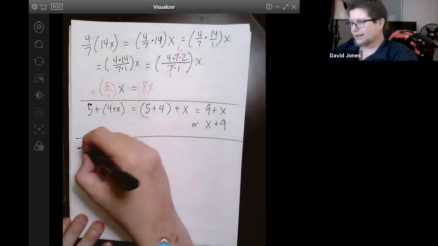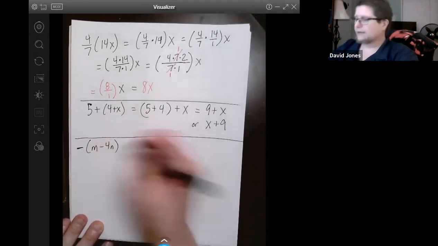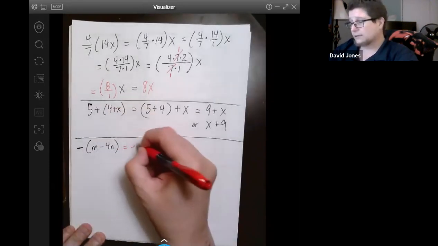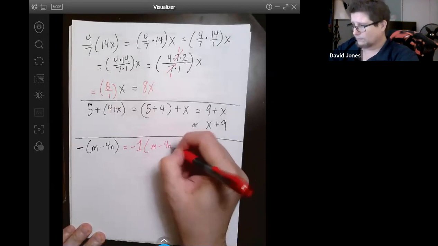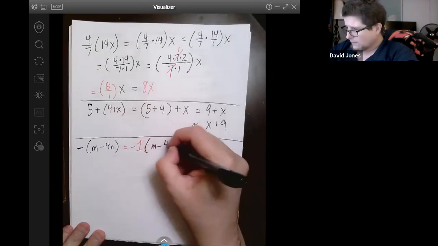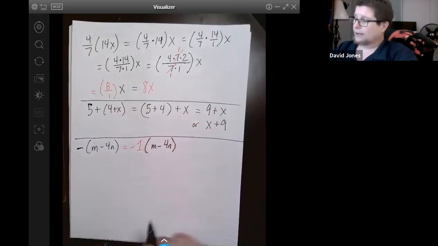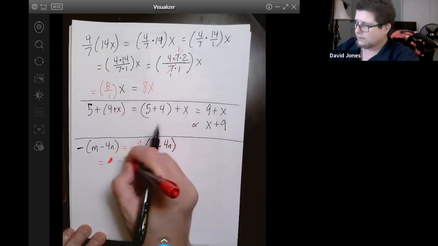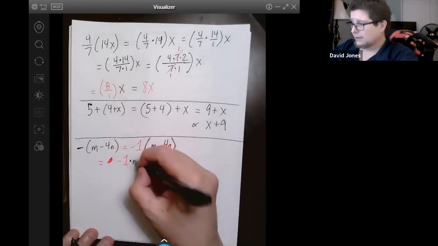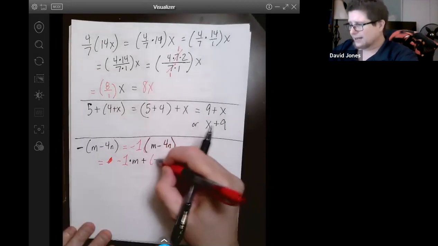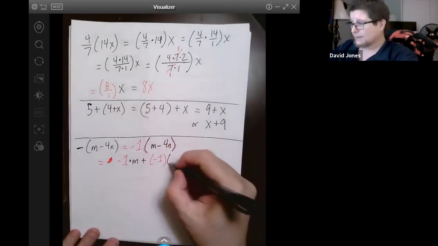Next example, we've got negative m minus 4n. I can distribute this negative. Remember, this is like having a negative 1. And when I distribute it, I get negative 1 times m, technically plus negative 1 times negative 4n.